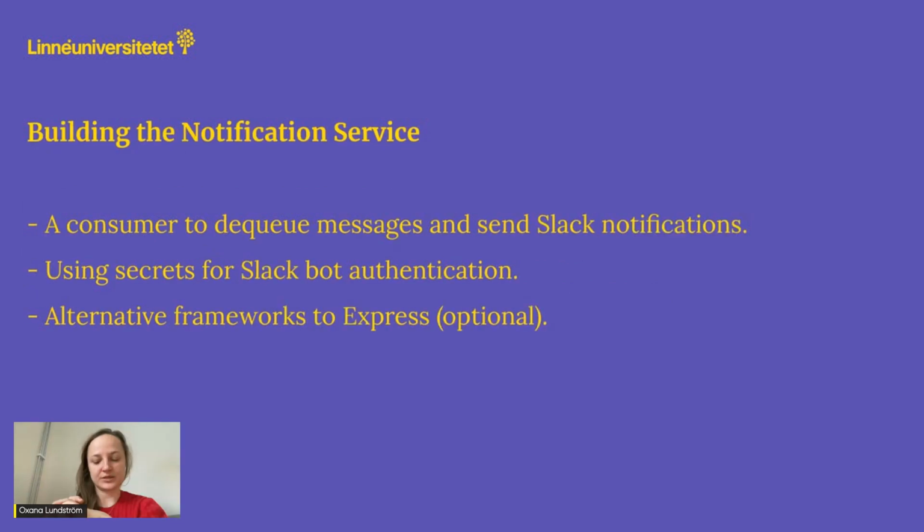is mandatory. The notification service needs to basically communicate with the message queue, consume the queue messages, and send Slack notifications, probably using the Slack API and the token secret that you have gotten in your repo.